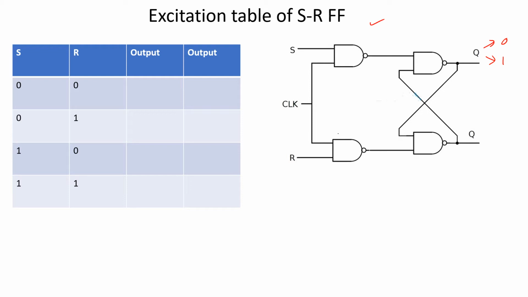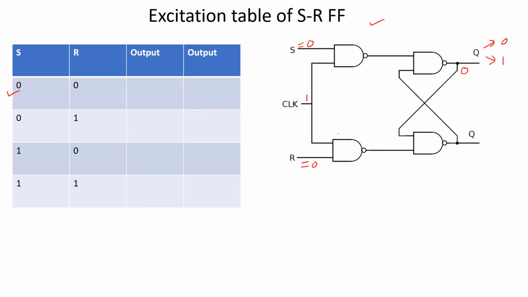So let us start the working of SR flip-flop. In the beginning, when the circuit is made on, I assume that Q is 0 and I'm giving the input condition S equal to 0, R equal to 0 and clock is 1. See what happens to the output which we have assumed.